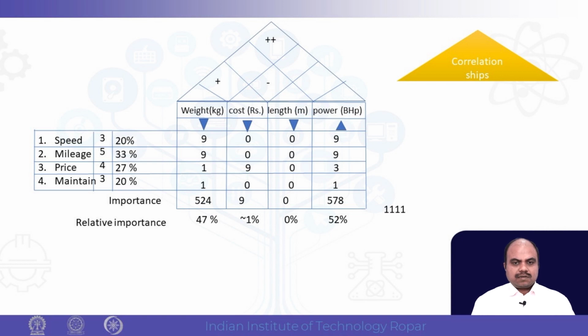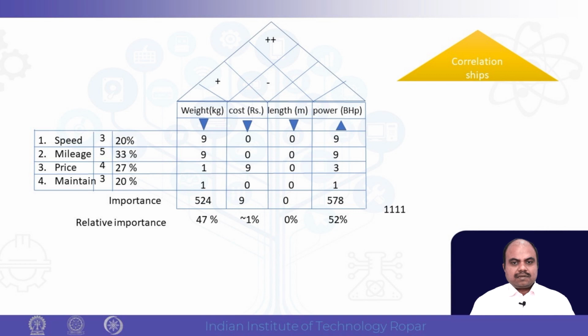So cost and weight. Generally if the weight is increased, cost is going to sometimes increase because of the material cost involved. However, cost, weight and power have a relationship, because more weight will require more power.